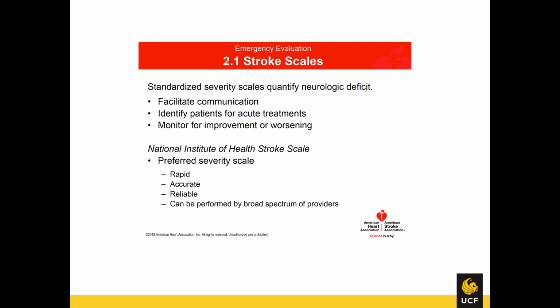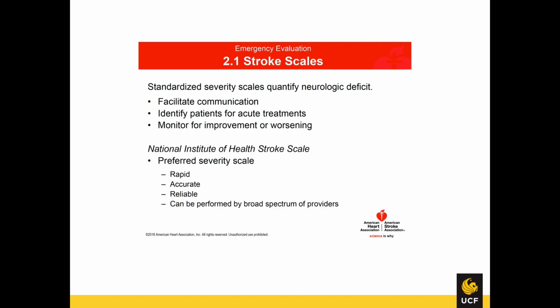So if the scale worsens, for example, between the time the patient's been in the ED and got their alteplase and then they've arrived in the ICU and they're not neurologically improving, but in fact neurologically declining, that can be an indication of a serious adverse event associated with the alteplase therapy, and we'll talk more about that in just a few minutes.